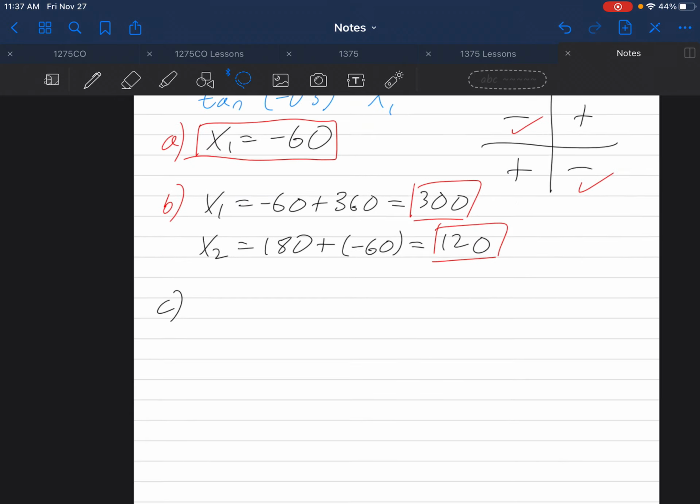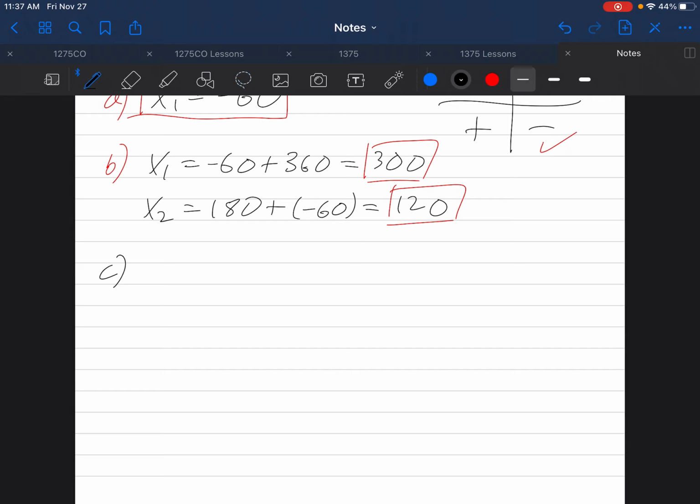Again, follow those directions. If we need to convert these into radians, we can convert them into radians. 300 times pi over 180 and 120 times pi over 180. We can divide here by 60 to get 5 over 3.